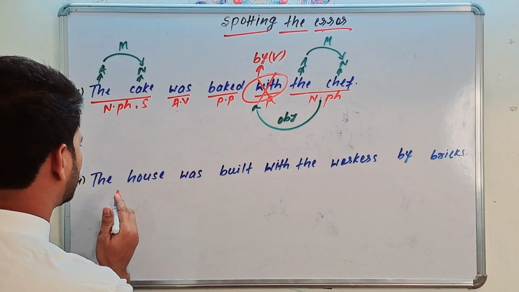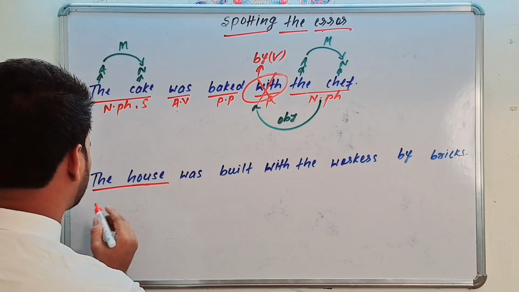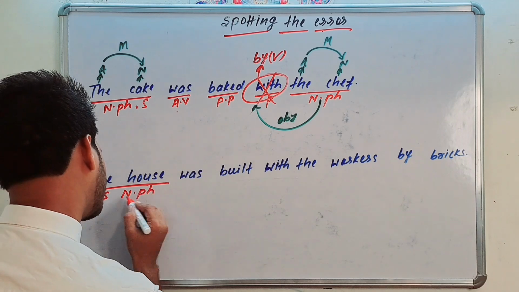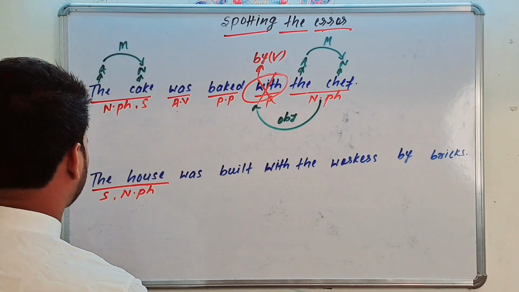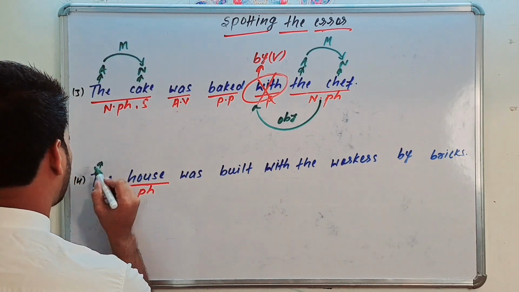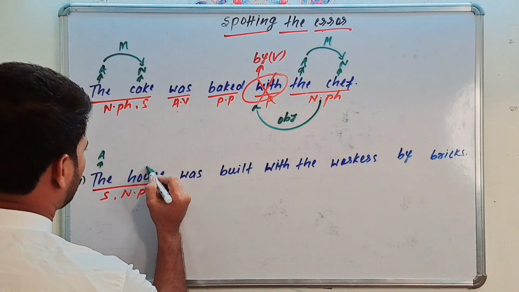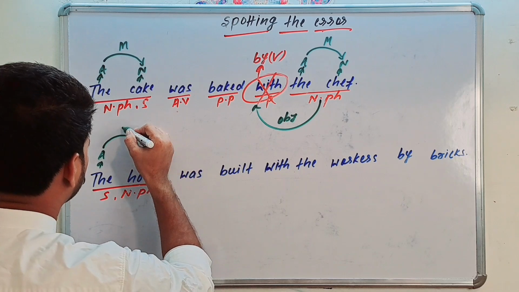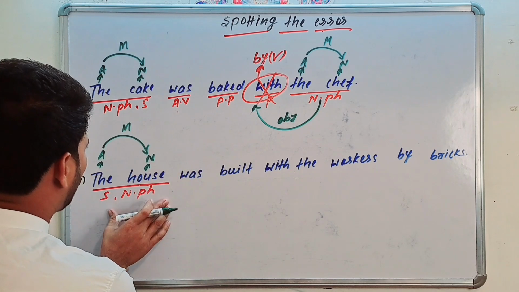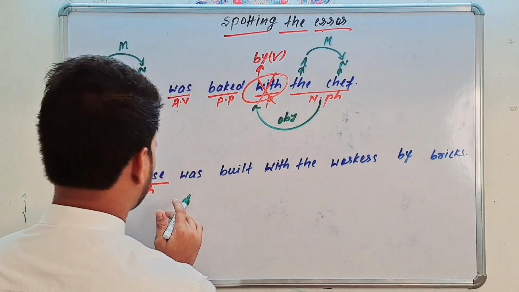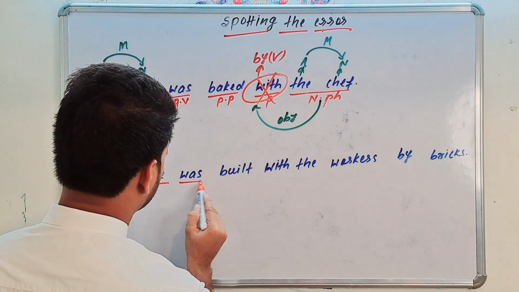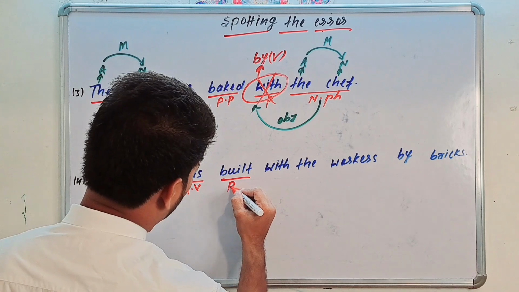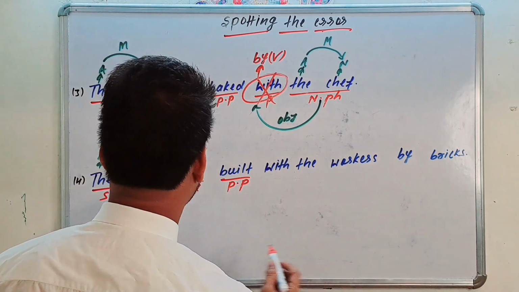Here see the house. This is your subject, a noun phrase. Okay, and here I told you many times about the definite article, the, and house, a noun, and it is modifying house, the house. Okay, the house is your subject, and was is an auxiliary verb, built is the past participle, the third form of the verb.